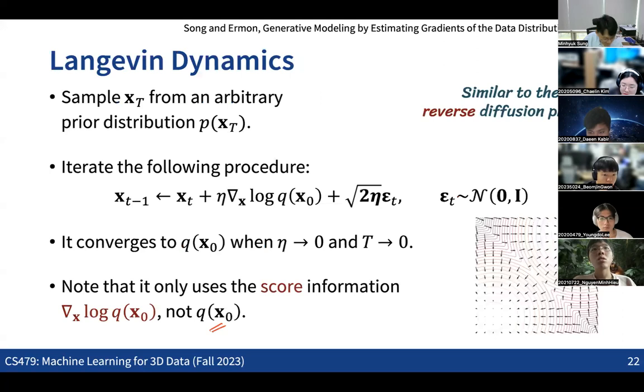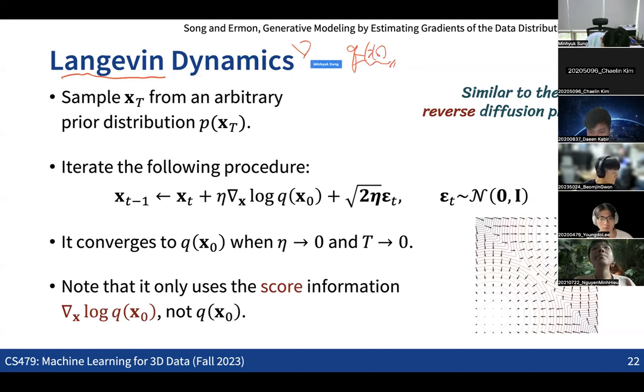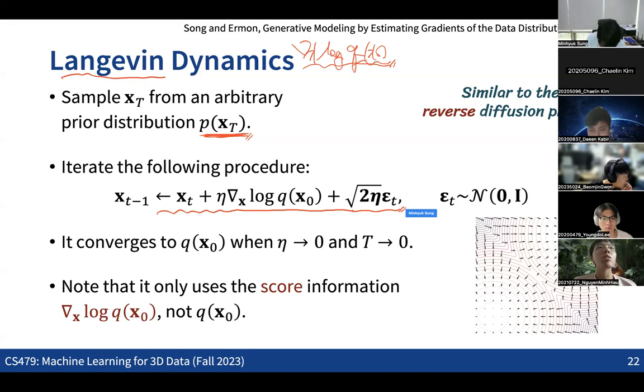What Langevin dynamics says in this framework is that when you don't know the exact likelihood function for the data distribution, but you only have the gradient of the log likelihood, you can start from an arbitrary prior distribution and iterate a procedure that moves the samples in a diffusion-like way. If you iterate this multiple times, at the end of the day all the samples become samples of the real data distribution q(x0). That's the idea of Langevin dynamics.